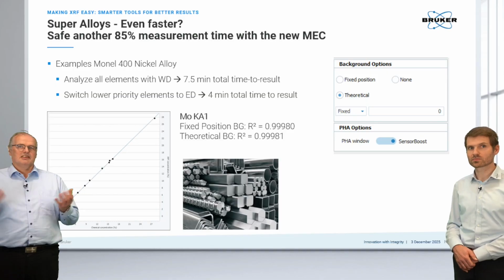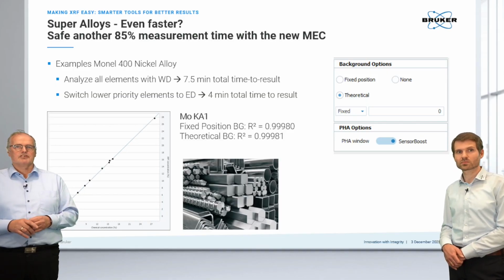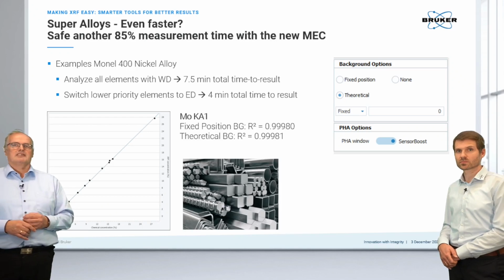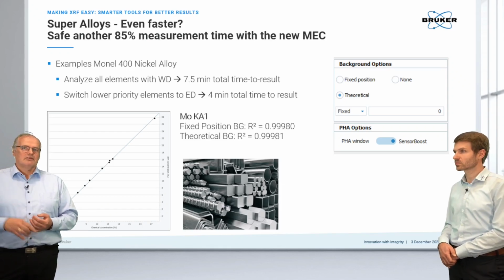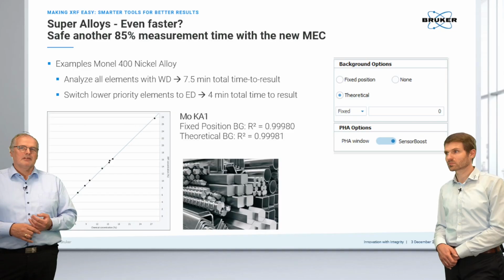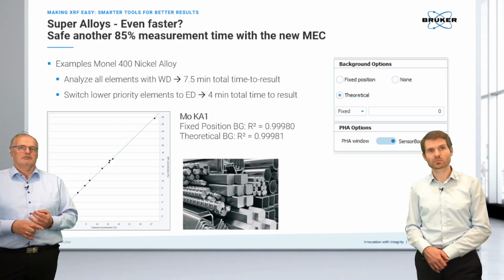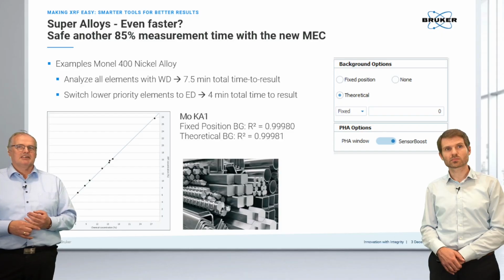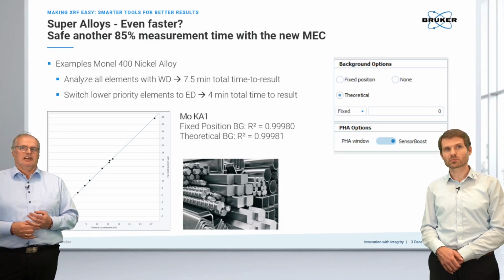Here you see molybdenum K alpha, fixed position, theoretical background. So we are already pretty fast here. When we switch the lower priority elements, which are not so important and can accept a little more deviation, we reduce to 4 minutes total time to result.